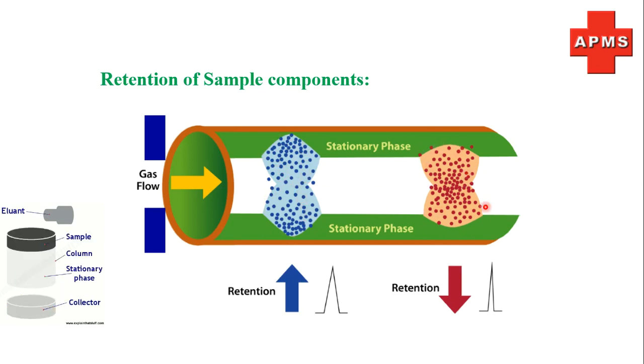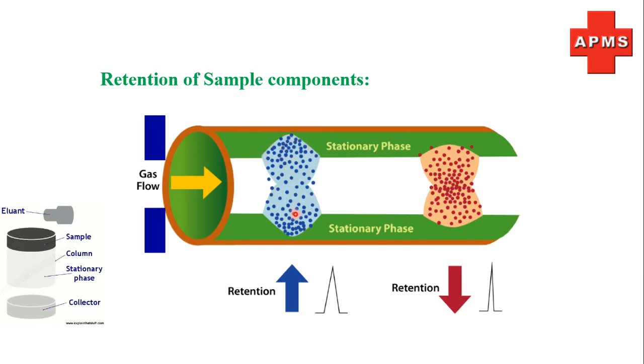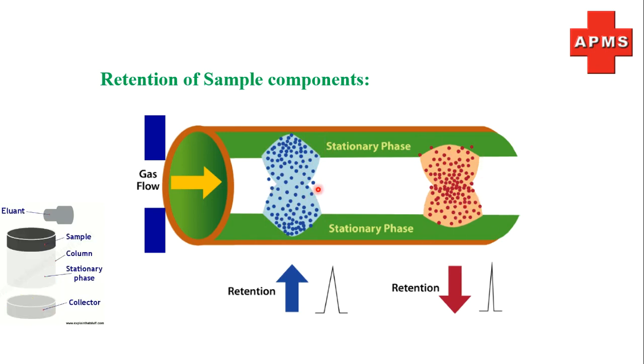Here the red colored component molecules are moving faster inside the column, but the blue colored compound of the sample moves slower, because we can see that it shows more interaction with the stationary phase, while the red colored particles show less interaction with the stationary phase. So the partition coefficient of the blue colored compound is high, so it is moving slower, but the partition coefficient of the red is lower, so it is moving faster.